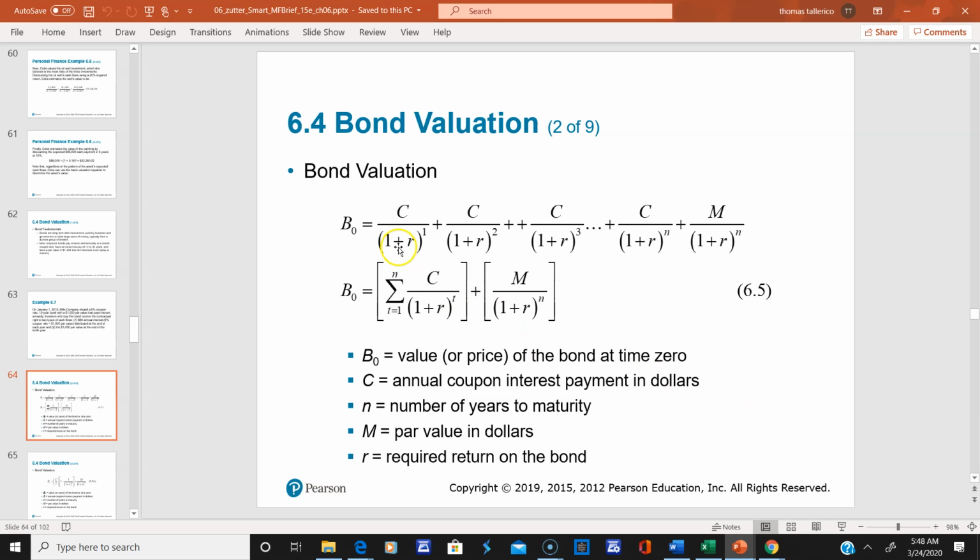So here's the basic bond valuation equation. And basically, this equation is similar to the valuation equation we saw before. And here are your annual coupons. Here are your cash flows. And here's your par value that you get back at the end. So they rewrite it this way. Notice this is an annuity of cash flow of coupons, and this is the $1,000 you get back at the end of the period.